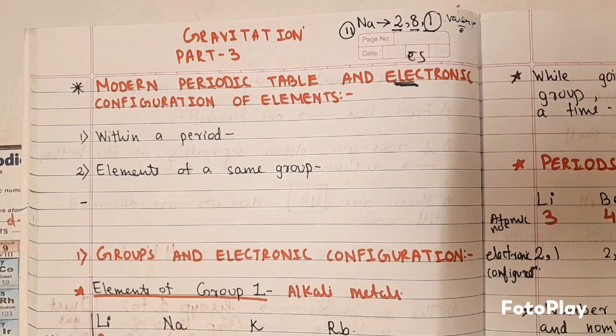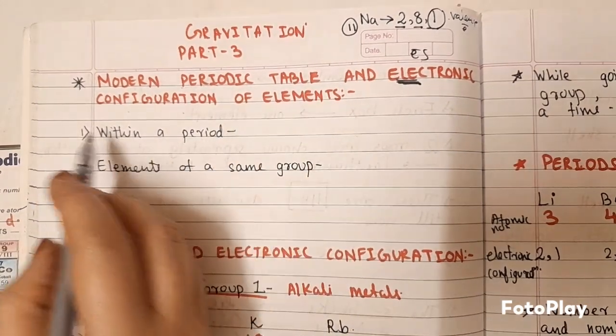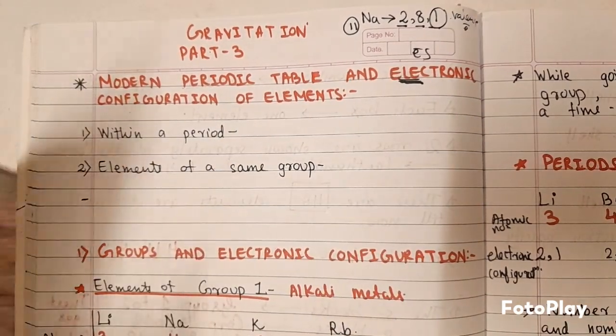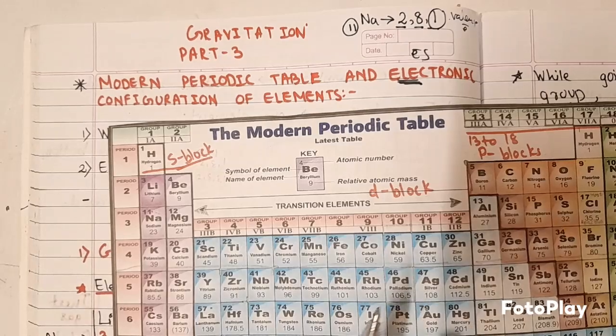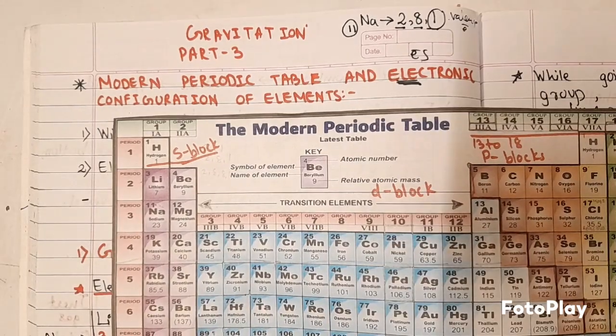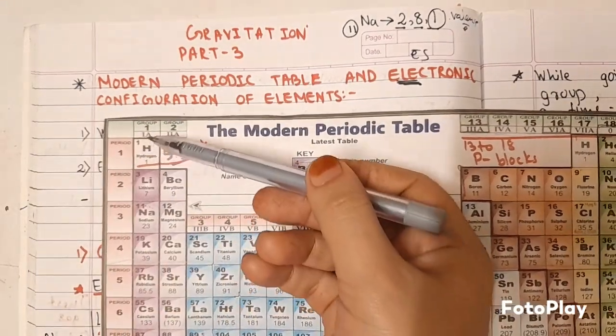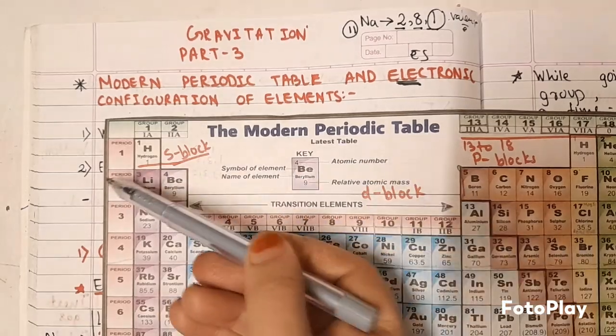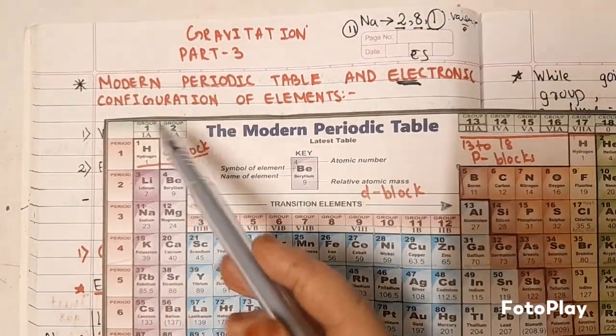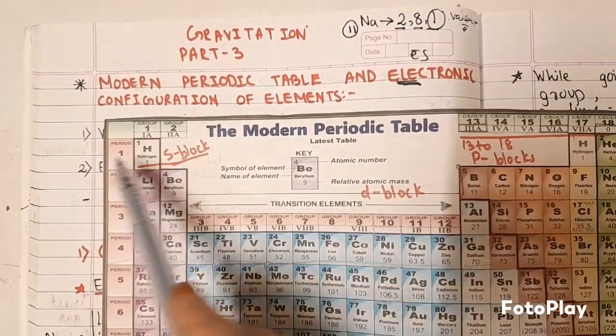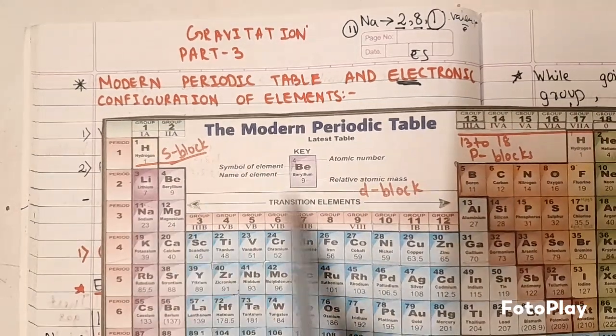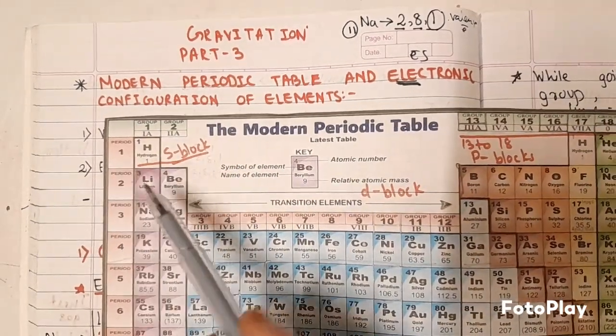Now students, within a period, I hope you know what a period is. There are vertical columns and horizontal rows. The vertical ones are called groups and the horizontal lines are called periods.